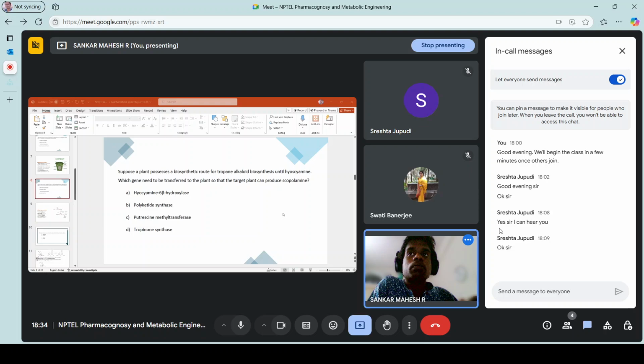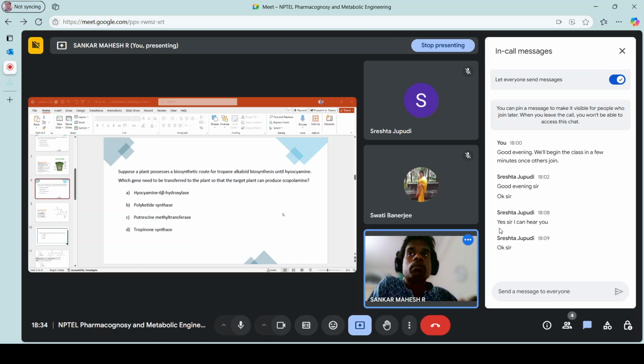Okay, so a hydroxylase adds an OH group at this specific position. So that's how chemically hyoscyamine and scopolamine are different. Scopolamine has an additional hydroxyl group, which gives it additional properties.